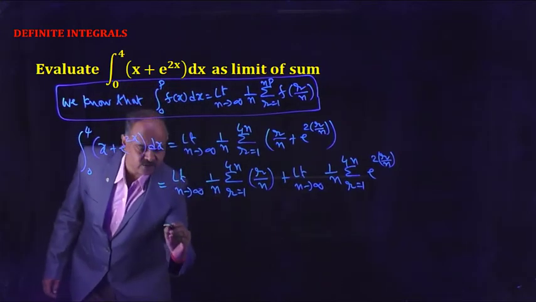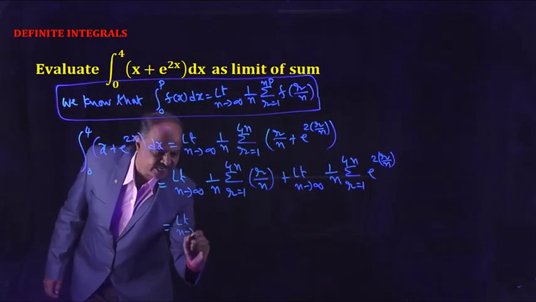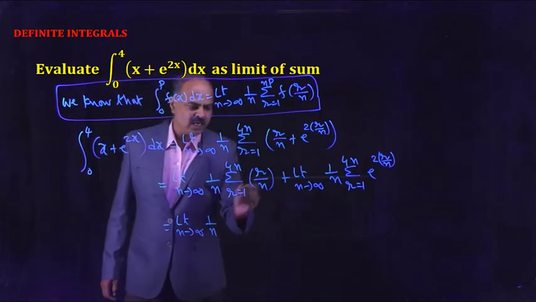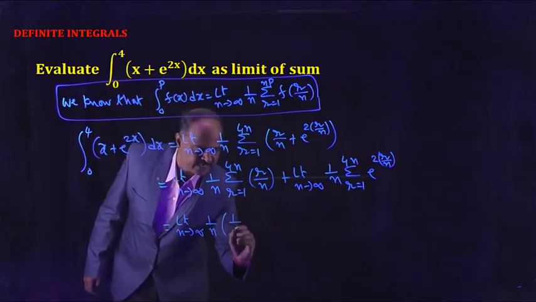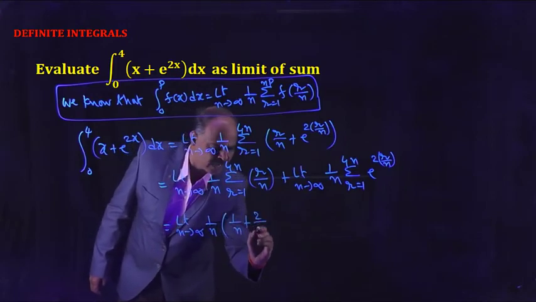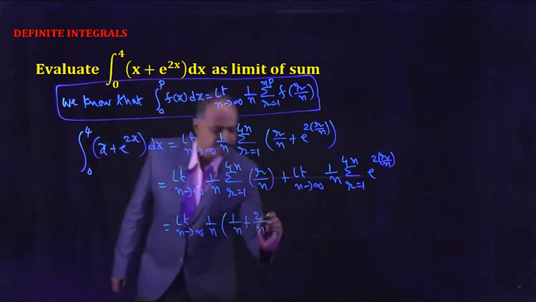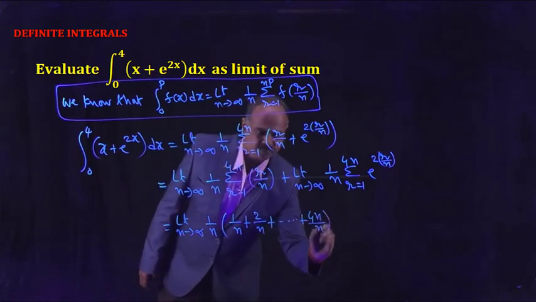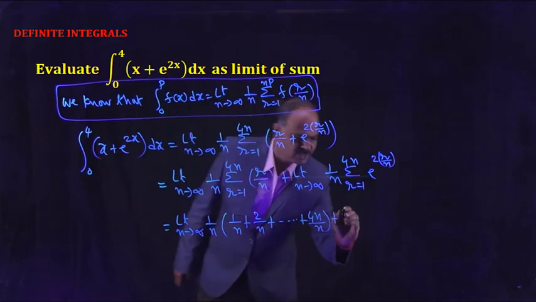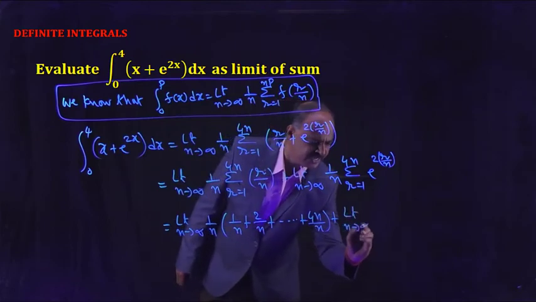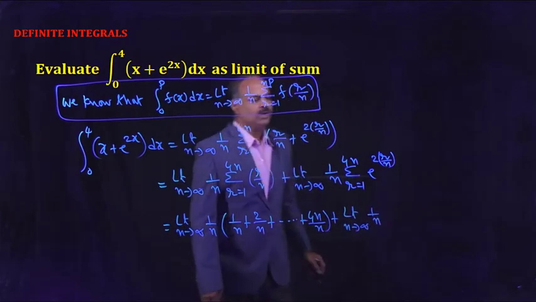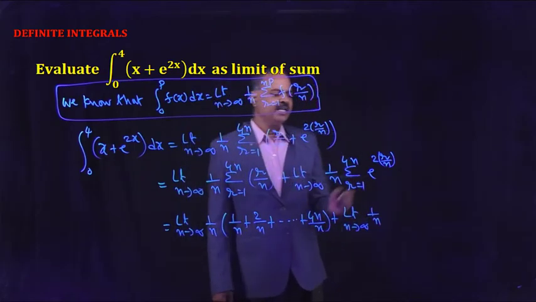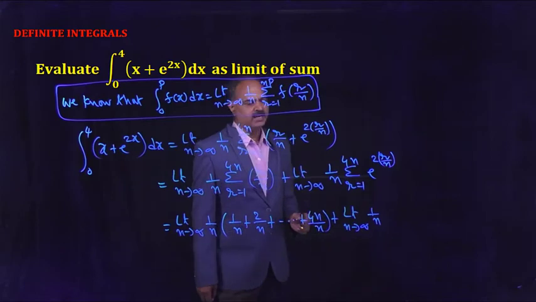Now this is equal to the limit as n tends to infinity of 1/n times, putting r = 1 here, 1/n plus, for r = 2, 2/n, and so on, plus 4n/n, plus the limit as n tends to infinity of 1/n times, putting r = 1, e^(2/n), for r = 2, e^(4/n), and so on.